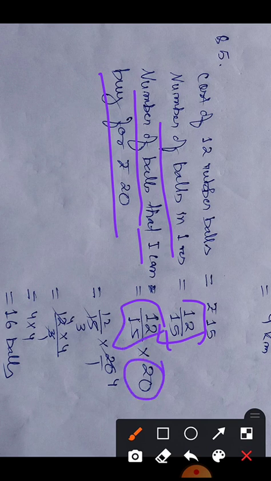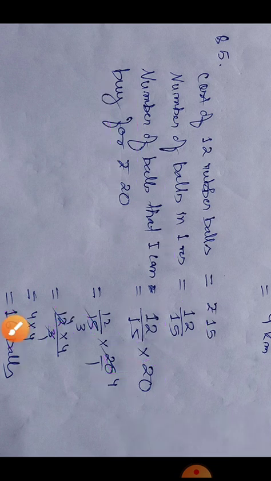If you reduce 15 and 20 by the same table, that is 5: 5 threes are 15 and 5 fours are 20. So 4 and 12 are left, and up and down we have 3. Again when you write 12 into 4 by 3, 12 can be easily reduced by 3, because 3 ones are 3 and 3 fours are 12. So what is left? 4 into 4. If you multiply 4 into 4, you will get 16 balls.